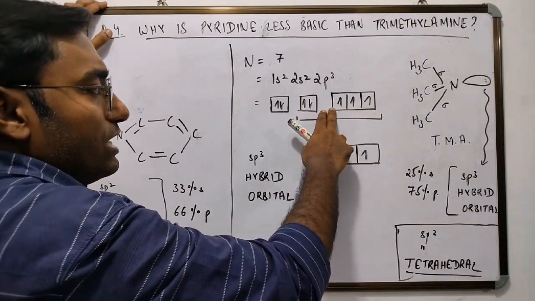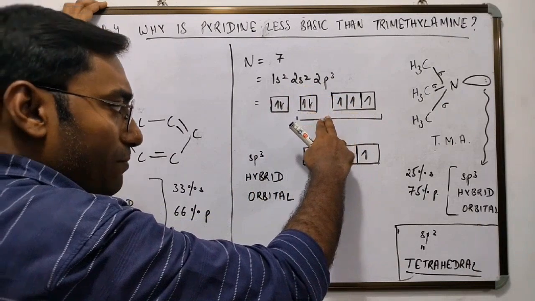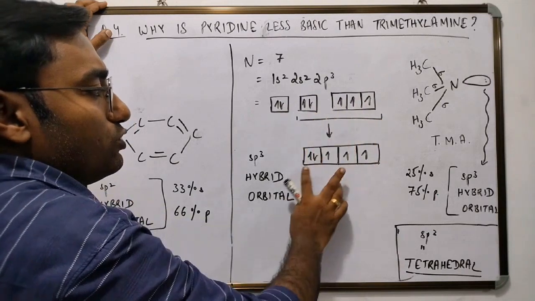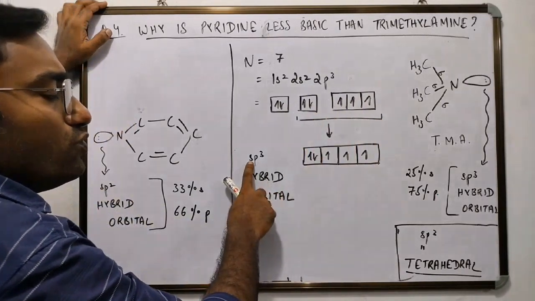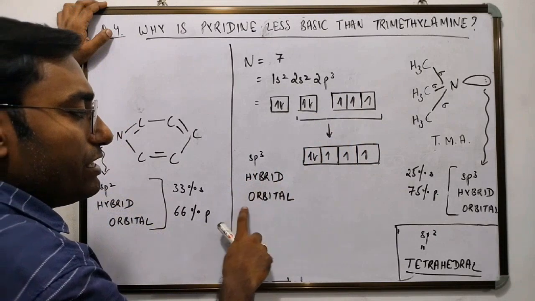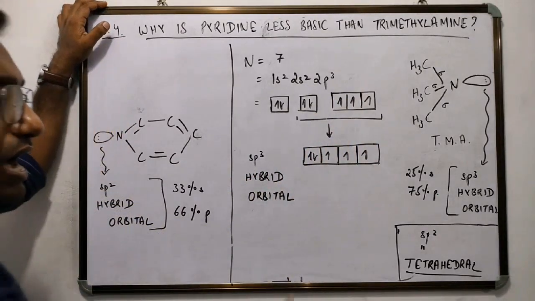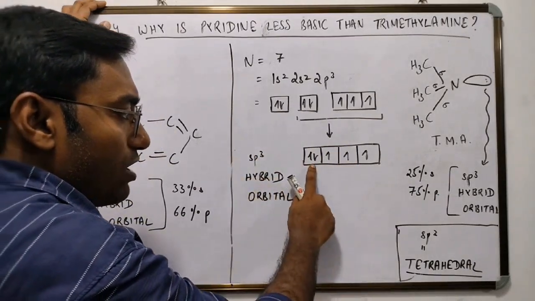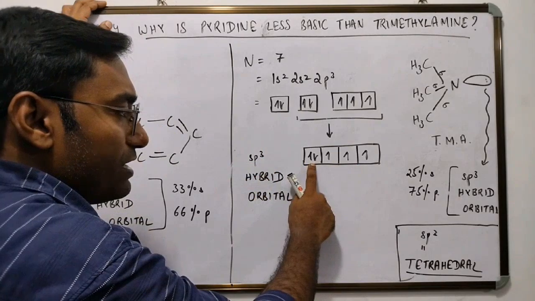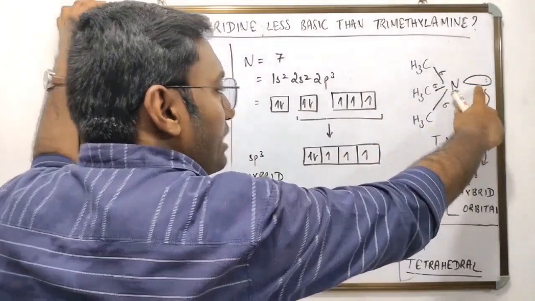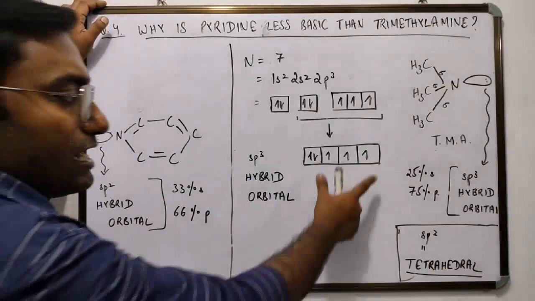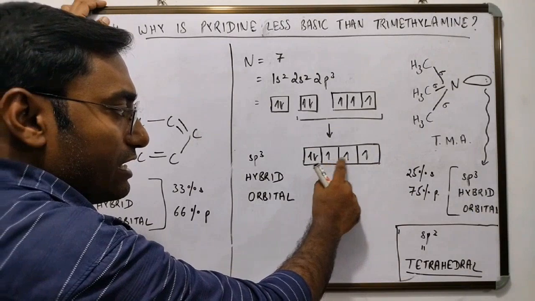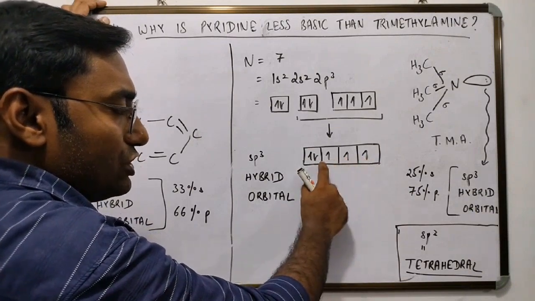Orbitals of the valence shell, that is the second shell, take part in hybridization, mixing and merging with each other to form 4 new sp3 hybrid orbitals. Among the 4 sp3 hybrid orbitals, one has the lone pair of electrons. The other 3 sp3 hybrid orbitals contain 1 electron each.